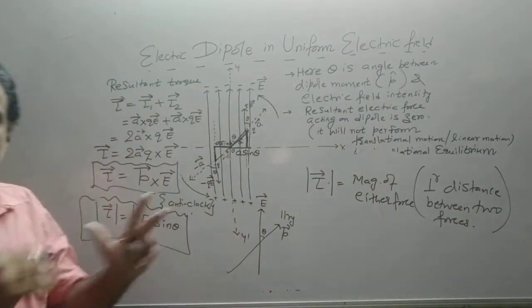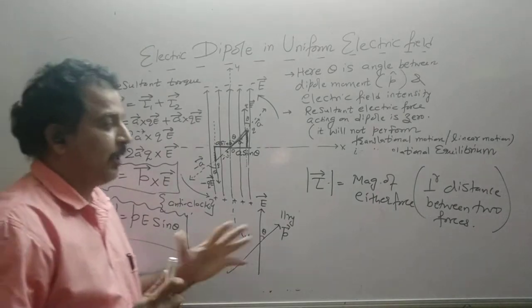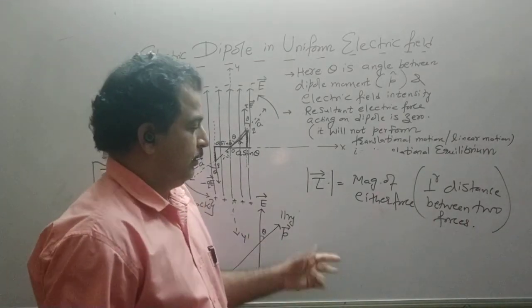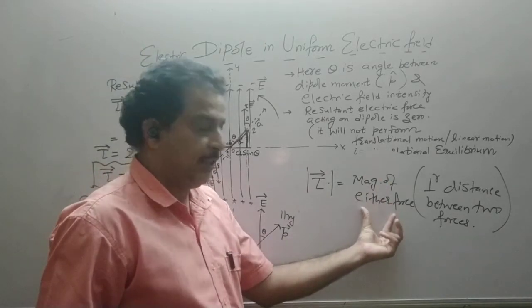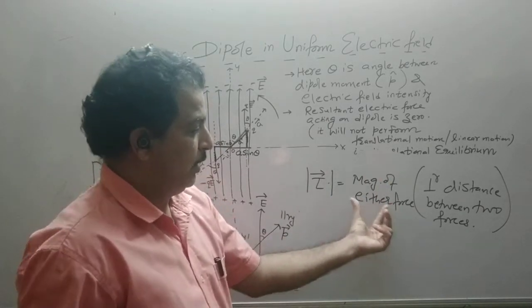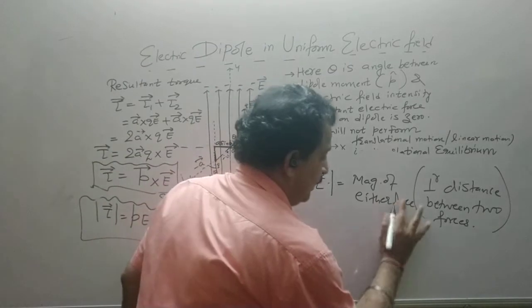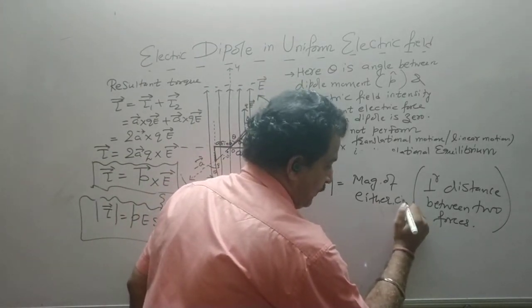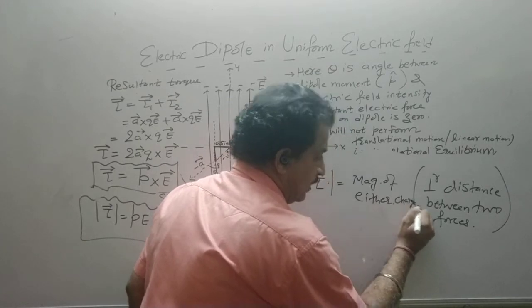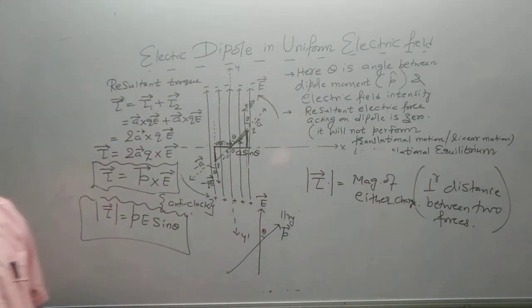So if any system forms a couple, the torque magnitude is defined as the magnitude of either force and the perpendicular distance between the two forces.